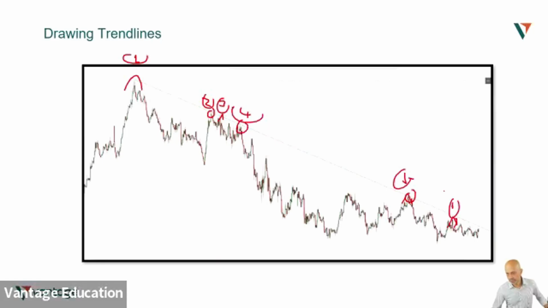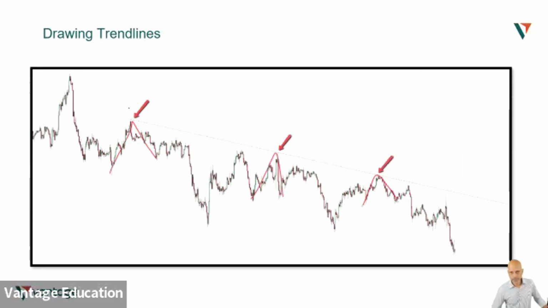Each time price hits that descending trend line and reverses to drop lower, we have an opportunity to go short on this instrument, and we can try to capitalize as much as possible on the downside. To identify a suitable stop loss level, we are going to identify the most recent significant swing high, along with the descending trend line itself, because the descending trend line is a potential resistance barrier.